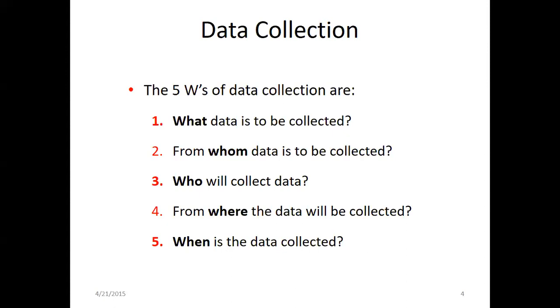Then from where the data will be collected, that will have to do with areas and sources, if there are specific institutions from which you are collecting. If it's secondary data, maybe you're collecting from some specific websites. What is the reputation of that website and all this kind of stuff?